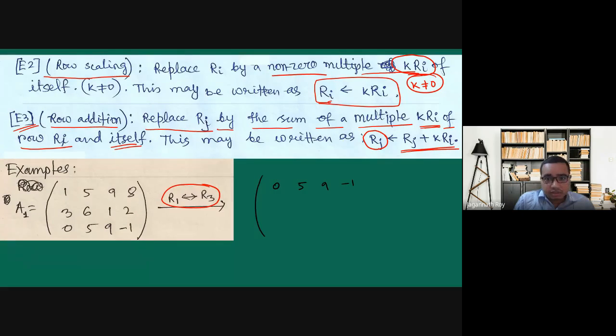And then we are not touching the second row, so it will be the same. Then R3 is replaced with R1. These two matrices are called row equivalent.